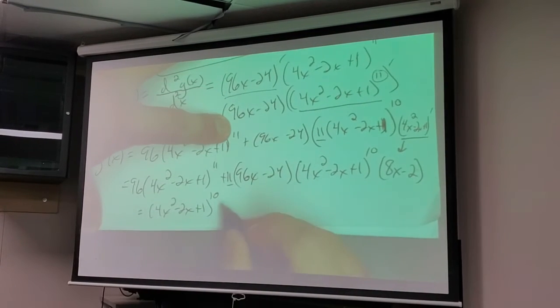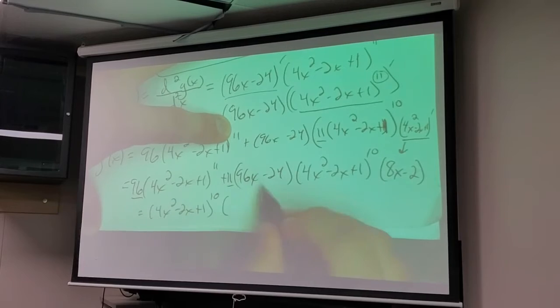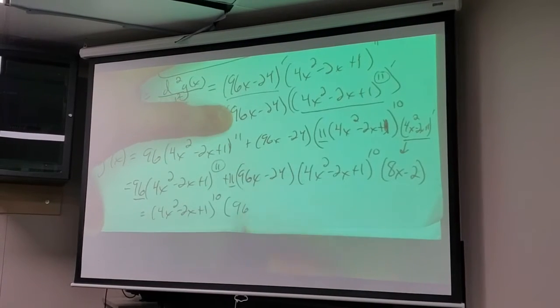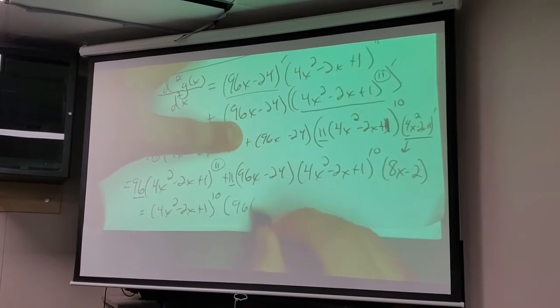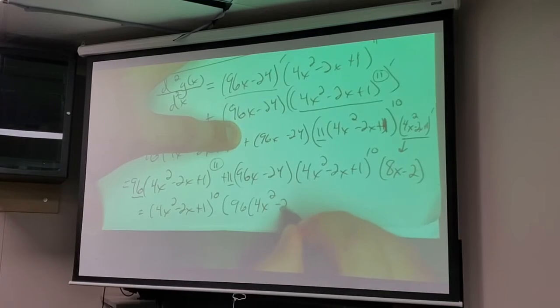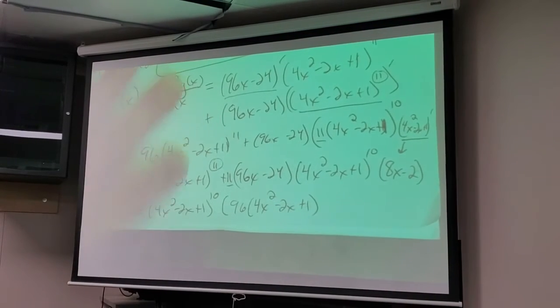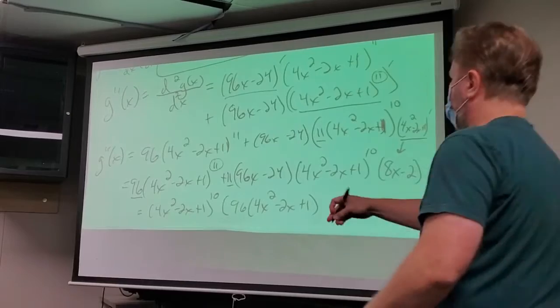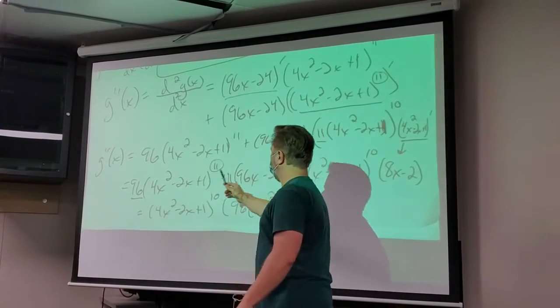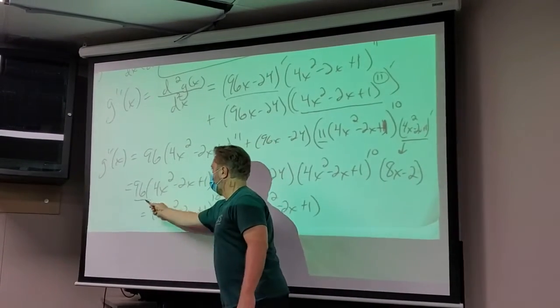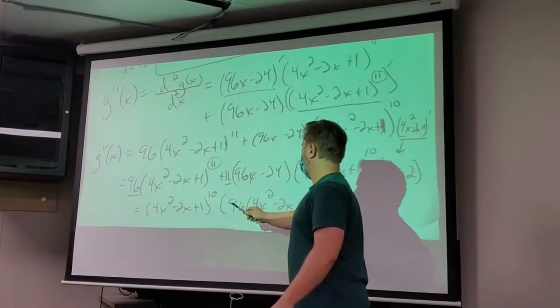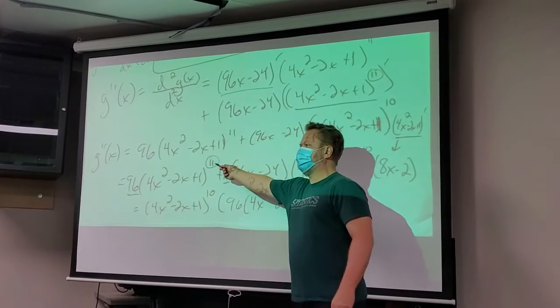So if I take 10 of those out, I've got a 96 left here. I had 11 of these, so now I've got one of them left in there. Okay, so I'm not done, obviously. But I took 10 of these out, so what's left in this term? 96, and I got one of these things left because I took 10 of them out.